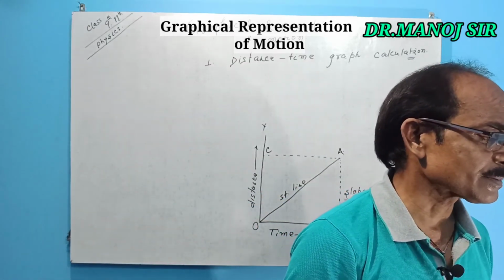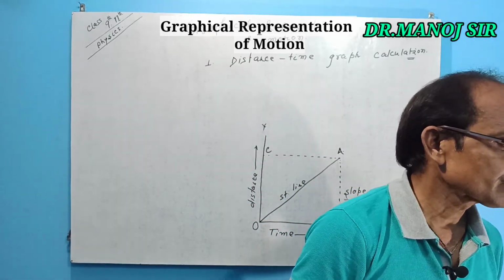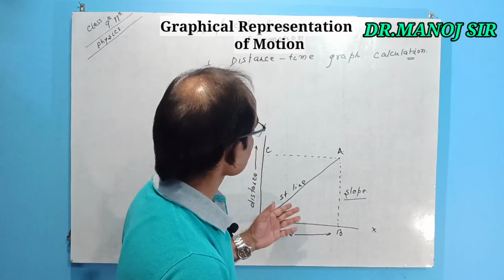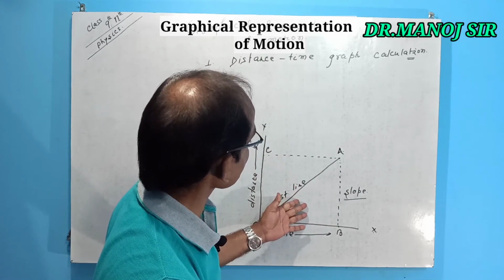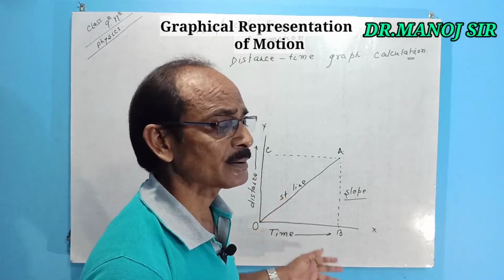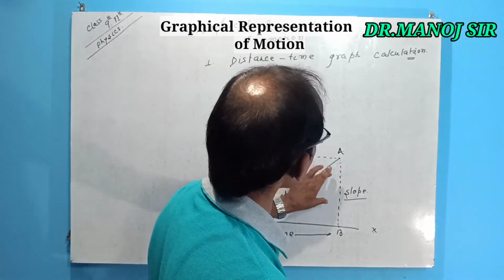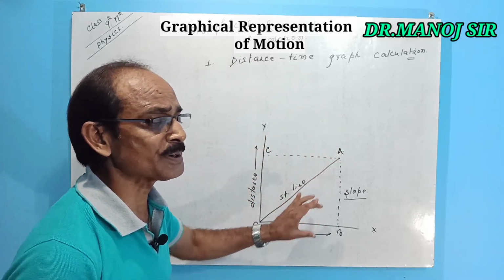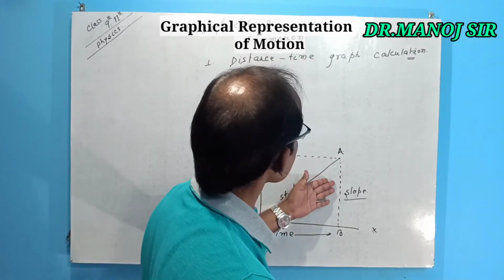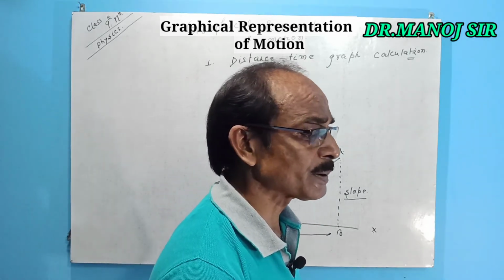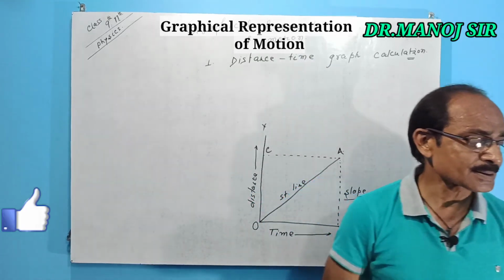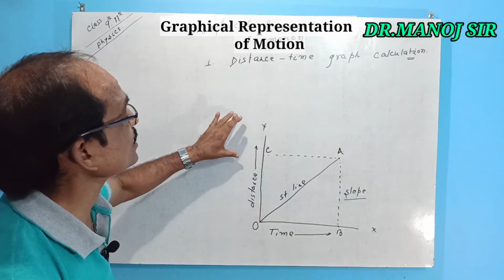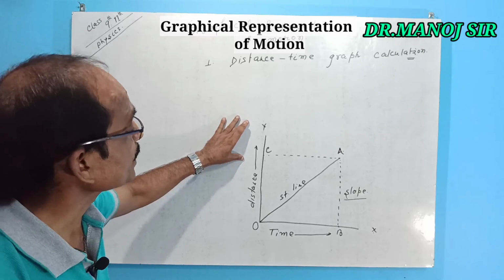According to the graphical representation in this figure, the slope of a distance-time graph indicates the speed of the body. Therefore, the distance-time graph of a body can be used to calculate the speed of the body.